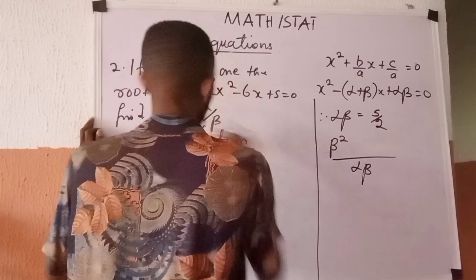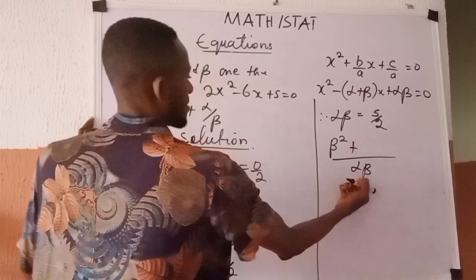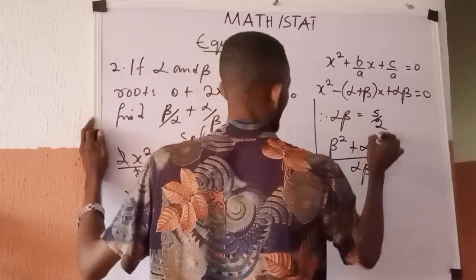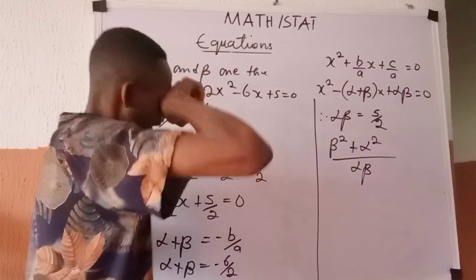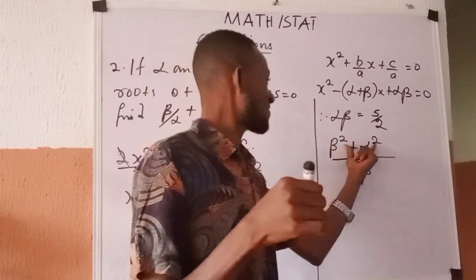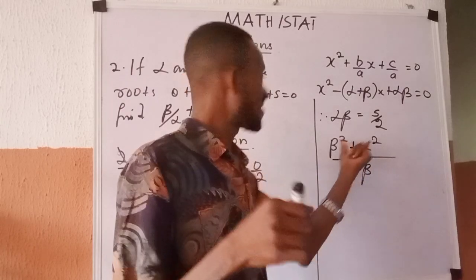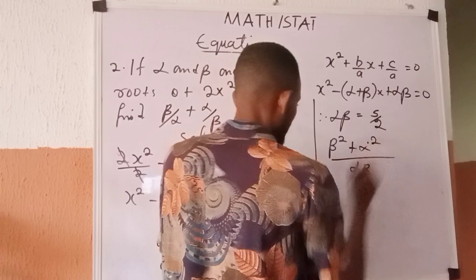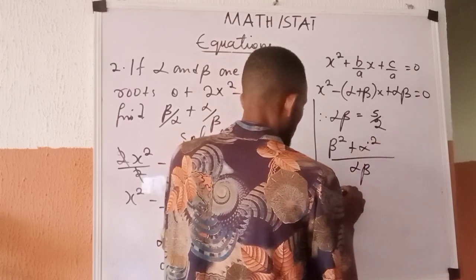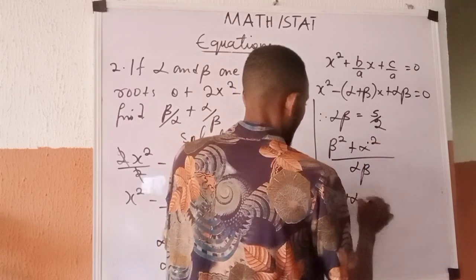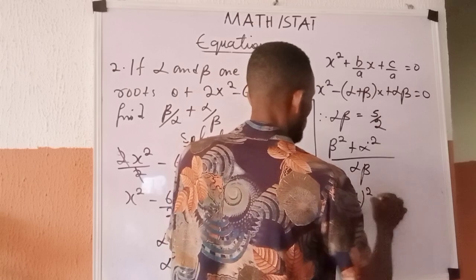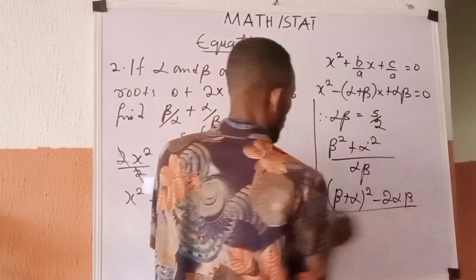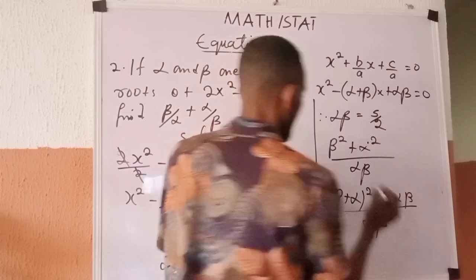The sign here is plus. Alpha beta divided by beta will give me alpha. Alpha multiplied by this will give me alpha squared. And of course, the numerator alone can be expressed as beta plus alpha all raised to power 2 minus 2 alpha beta. The numerator can be expressed as this all over alpha beta.